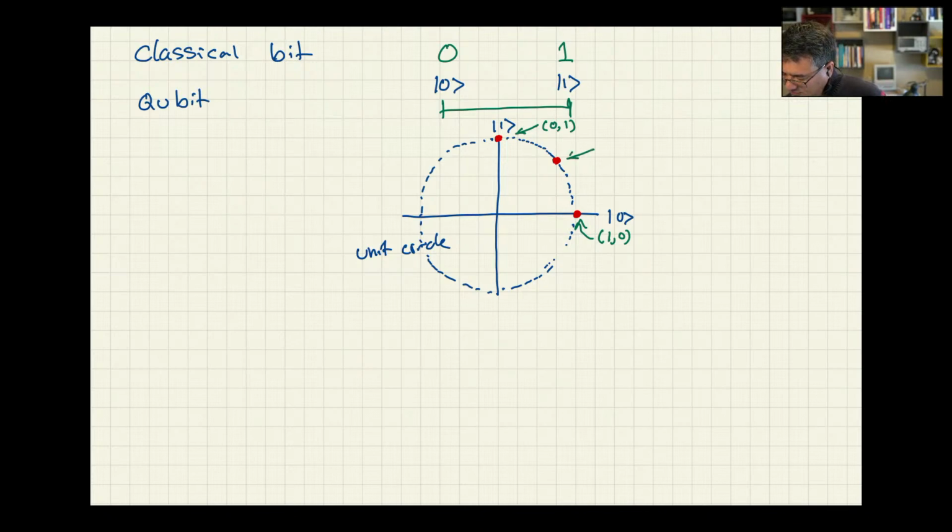The coordinates of this one are 1 over root 2, 1 over root 2. You get that by looking at the right triangle formed there: a 45-degree angle. If the hypotenuse is 1, then the height is 1 over root 2, and the width is 1 over root 2.